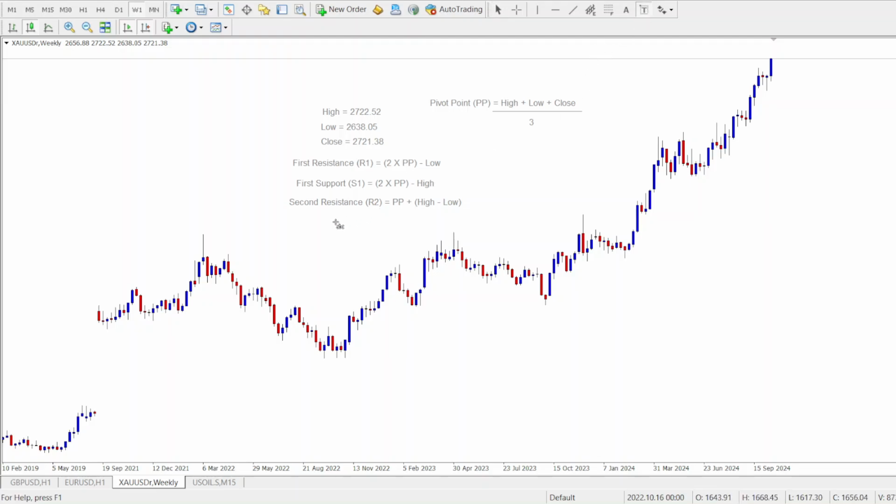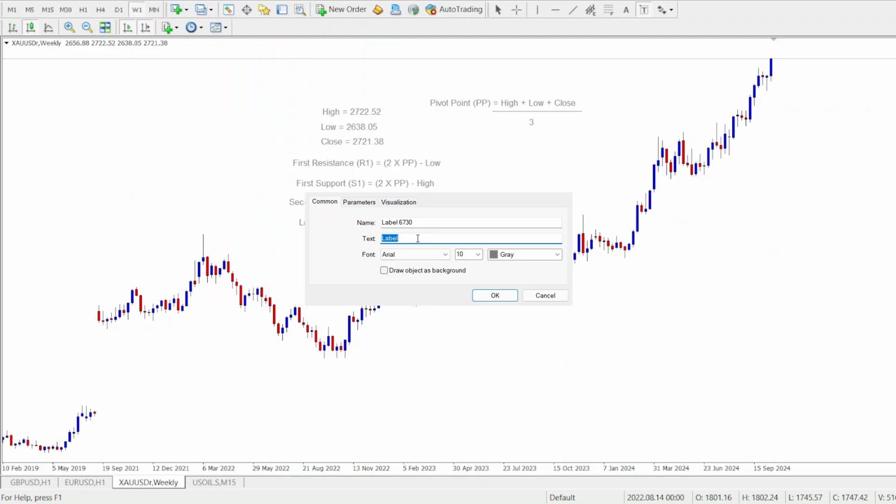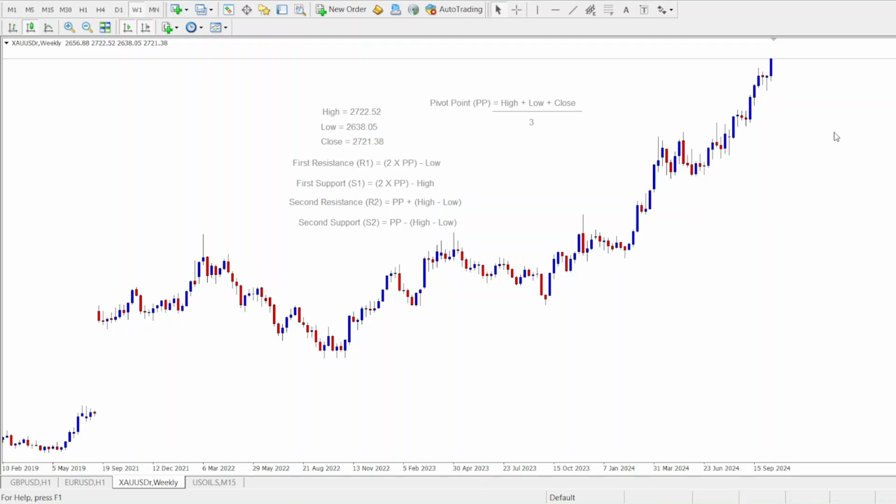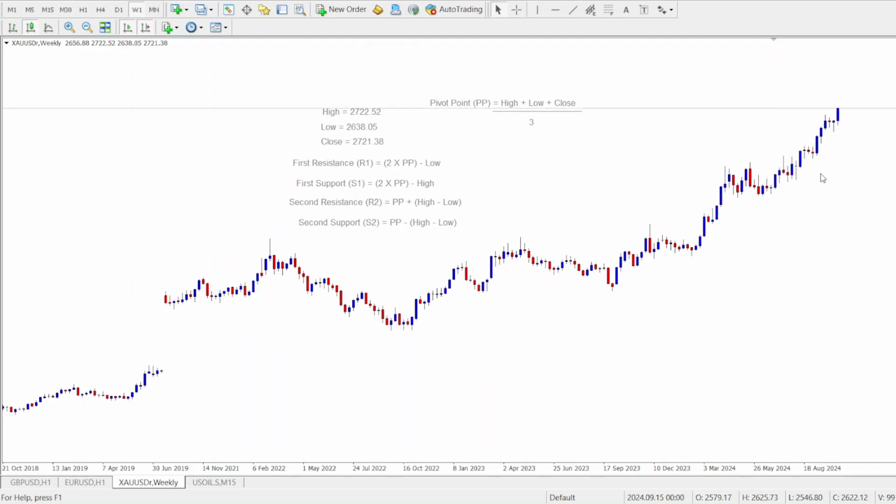Then as for our second support, we have pivot point minus the high plus the low. Basically these are the formulas for calculating the pivot points. The next thing for us to do is to identify these points on our chart after doing the calculations.